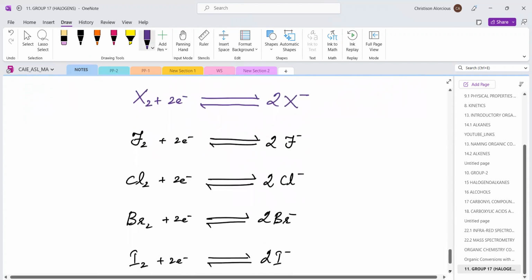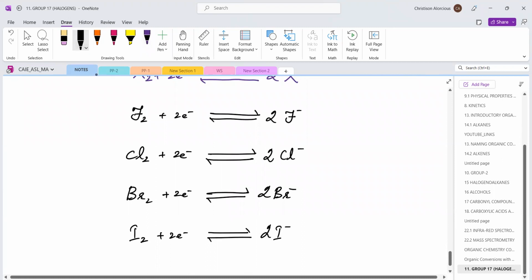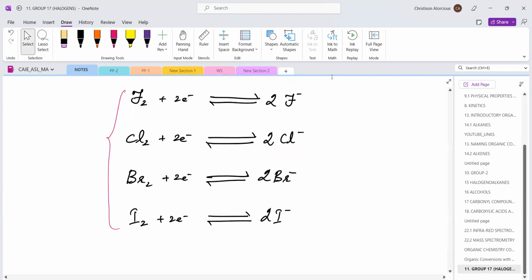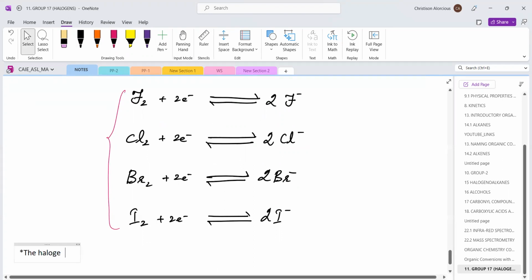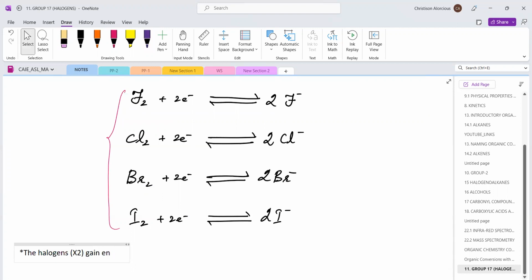So the halogens gain electrons, get reduced. As a result, they are oxidizing agents. Halogens, that is your X2, gain electrons to get reduced.